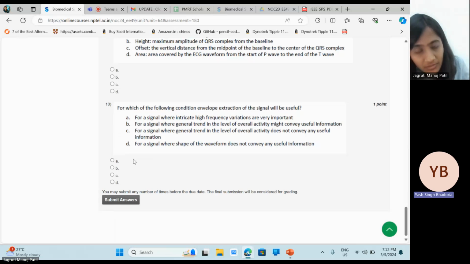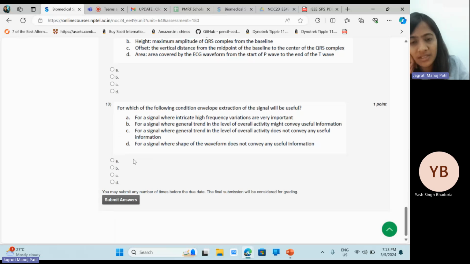I'm confused about B and C because we have seen that in envelope abstraction we take the envelope of a signal, like in the PCG signal example. So that is useful information also.